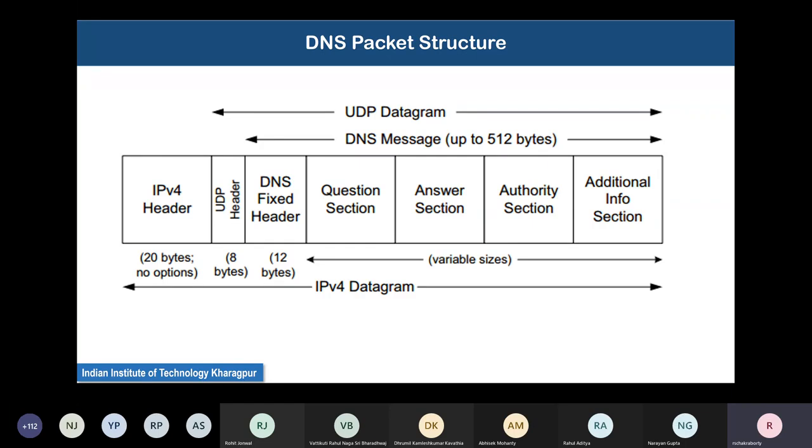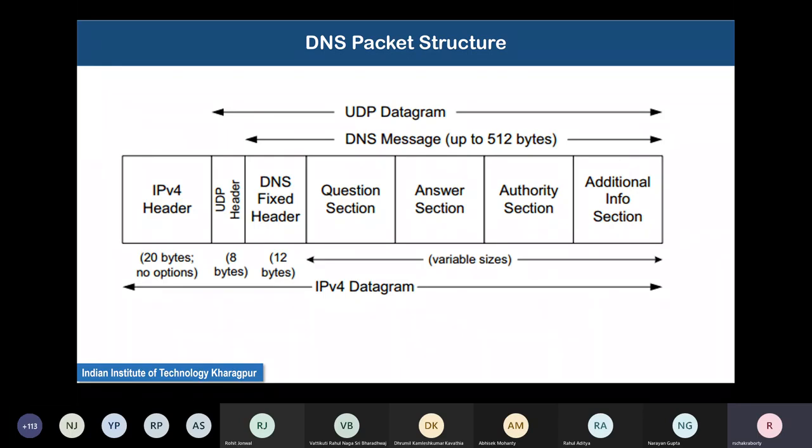UDP does not maintain any state information about the connection among the two different parties. It does not give any reliability information. It does not mandate that the packet will be delivered in order. Still, why is this used in DNS?